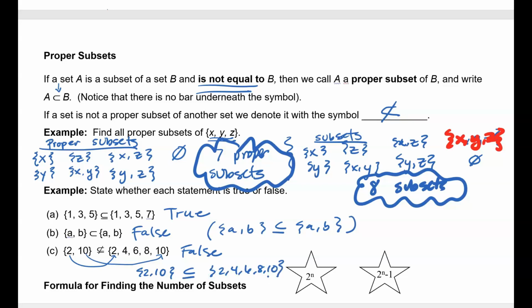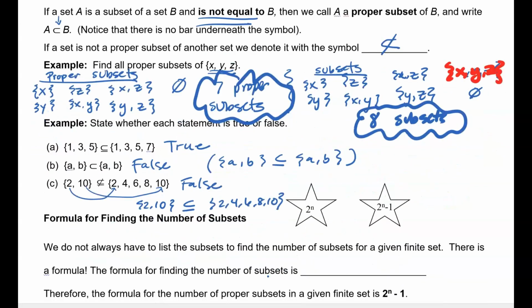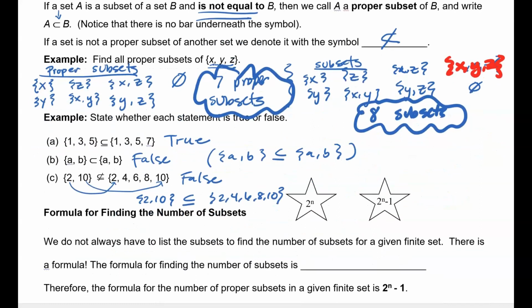Okay. So if you're wondering, like above, you may have noticed that the 7 proper subsets versus the 8 subsets differ by 1. There's actually a formula for finding the number of subsets, and it can be handy if you don't want to list them all out because it can get pretty time consuming, especially if you have a set with a lot of elements.